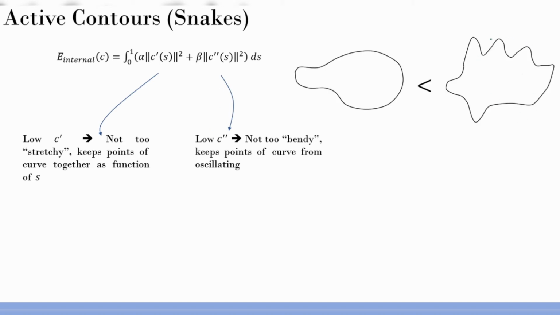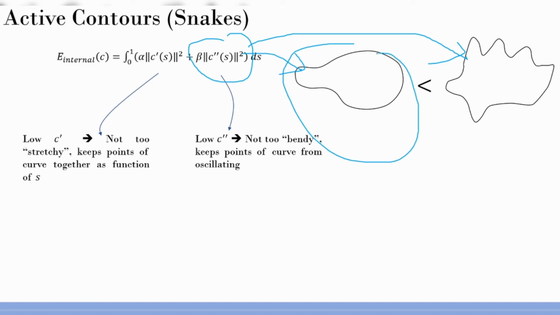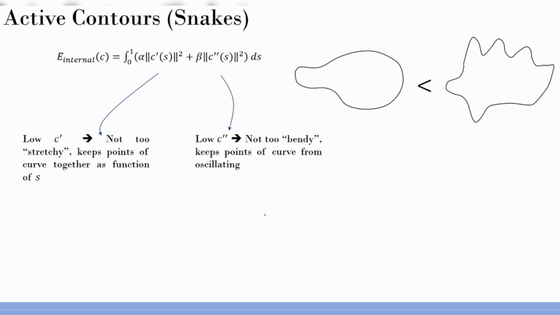Obviously, if a curve has a lot of oscillations, this value will be lower for this one compared to that one, so this internal energy will be lower if I follow these two expressions. Just to reiterate, we take the first order differential of the curve and the second order differential of the curve, weight them and sum them up, right?